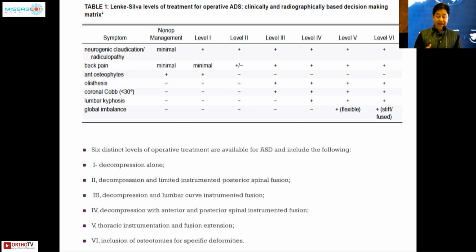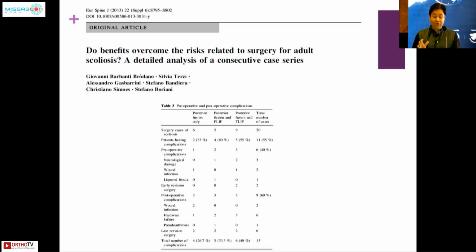For example, a level 1 issue where you have only a radiculopathy might need just a decompression or a discectomy, but in a full-blown scoliosis, you will have to do osteotomies, you need to correct deformities, and you need to tackle everything.